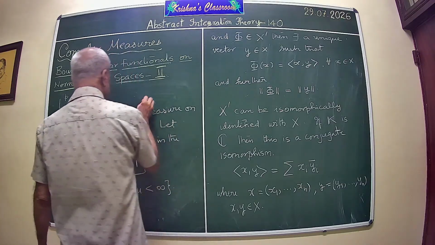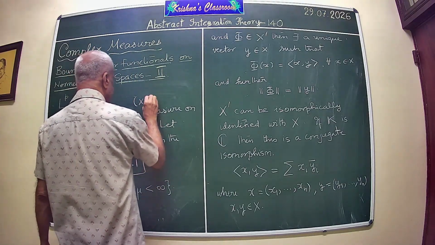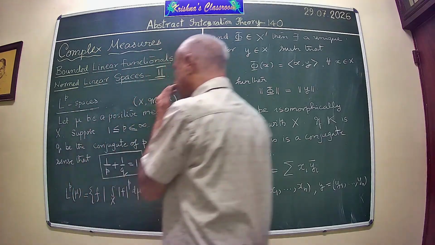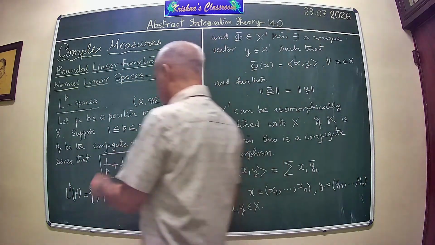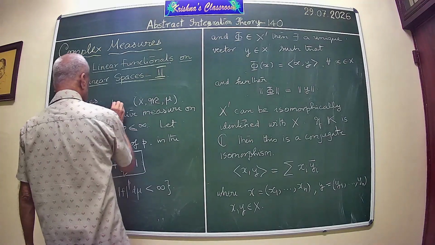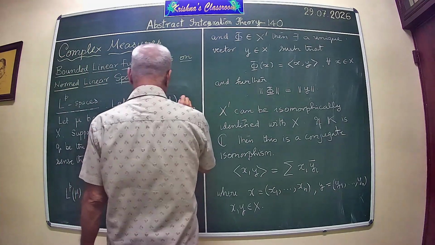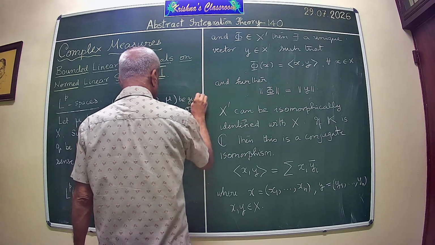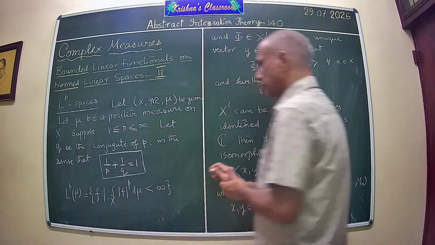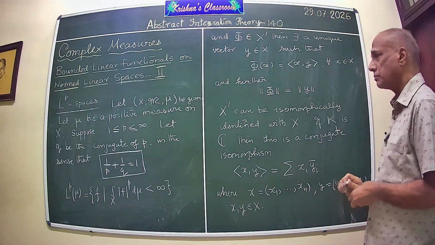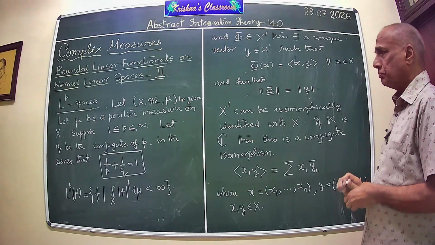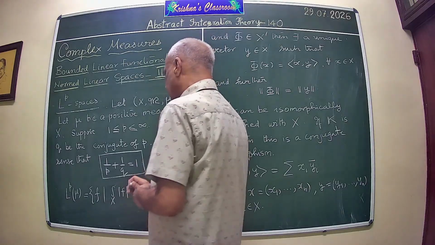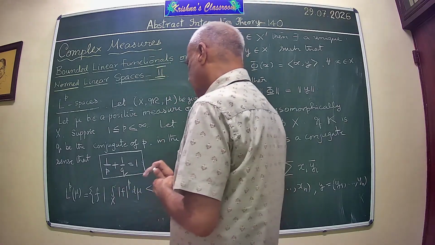I am now talking about X as a measure space, and mu a positive measure on X. Suppose this is true and q is the conjugate number, and then you have the result.